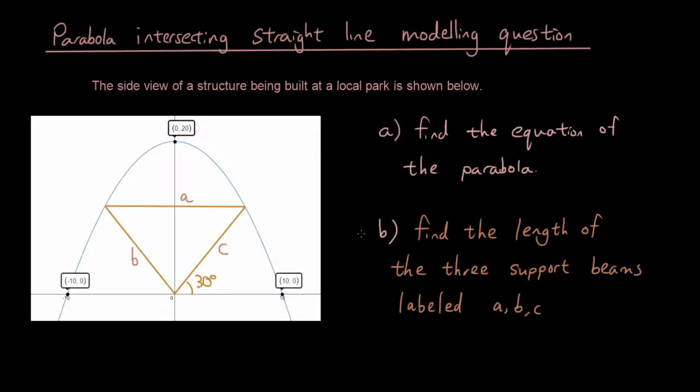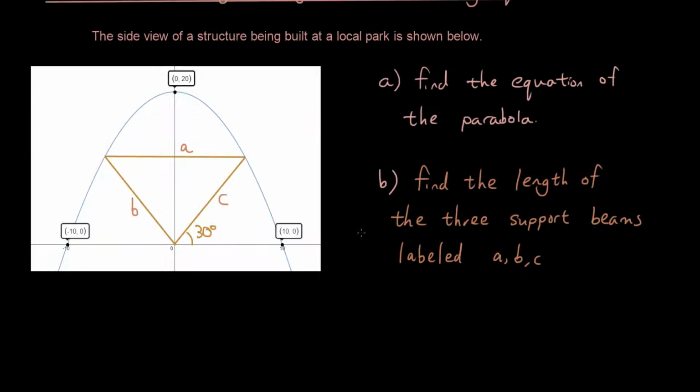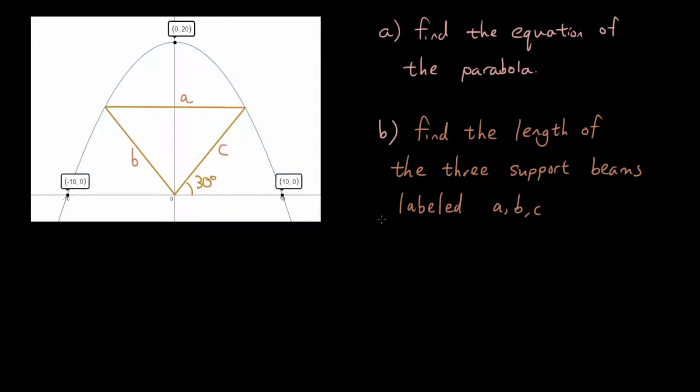So the equation of the parabola. Well, we know the equation of the parabola is in the form y equals a(x minus b) squared plus c, where b and c is the turning point and a is the dilation factor. So we can see in this parabola the turning point is at (0, 20).